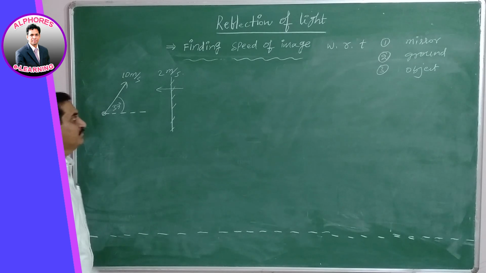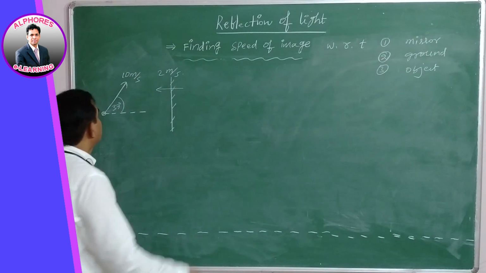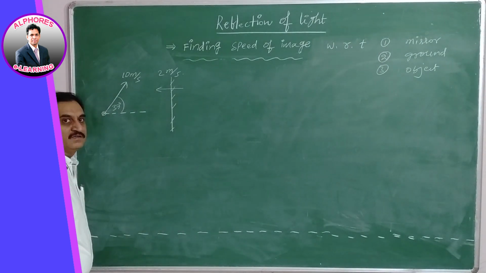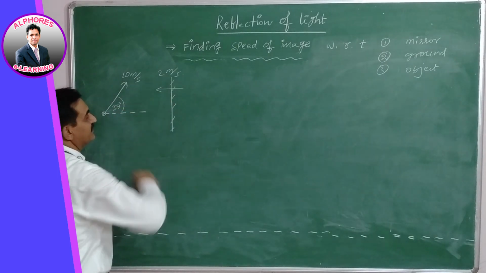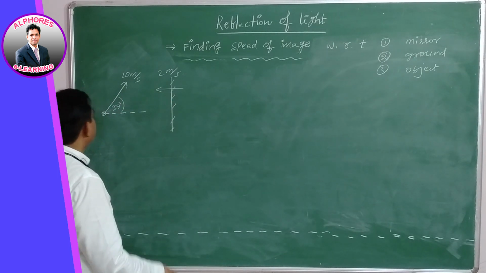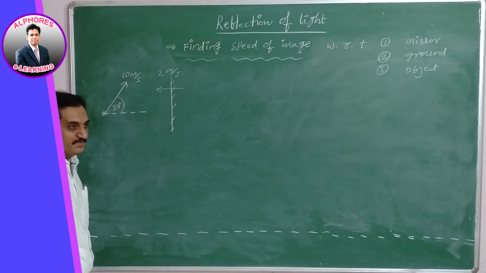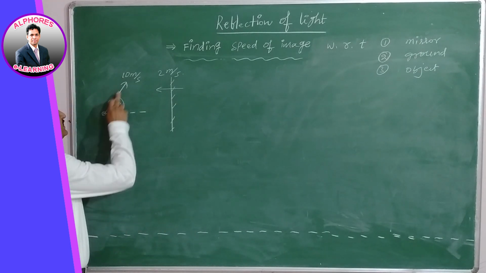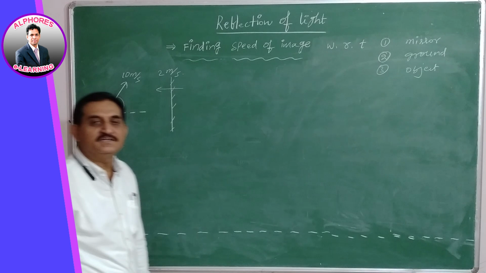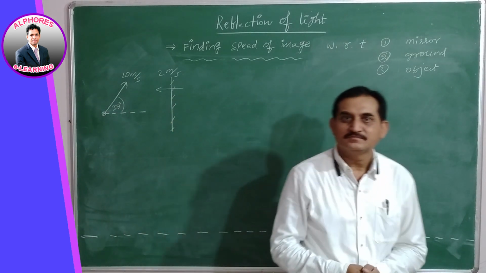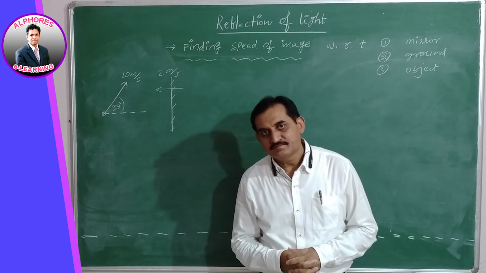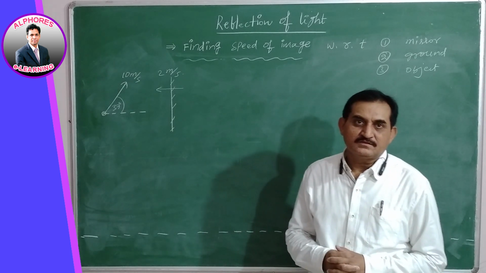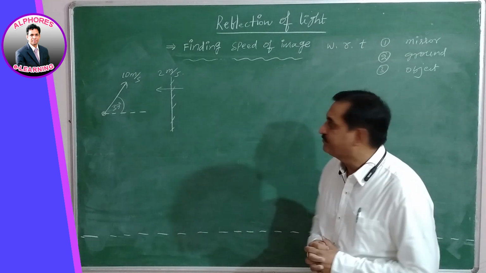Okay, there is a plane mirror and another one is the object. The plane mirror is moving with a speed of 2 meter per second and the object is moving with a speed of 10 meter per second, at a certain inclination of 37 degrees with the horizontal. Now in this case, again there are 3 questions raised.